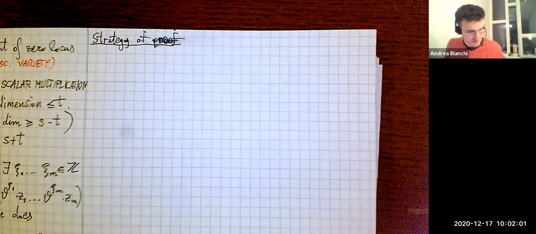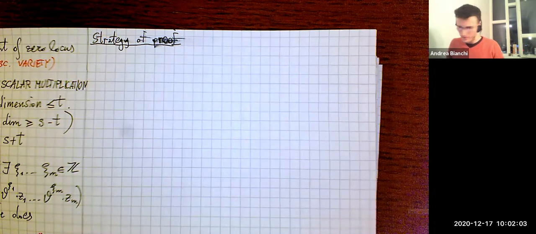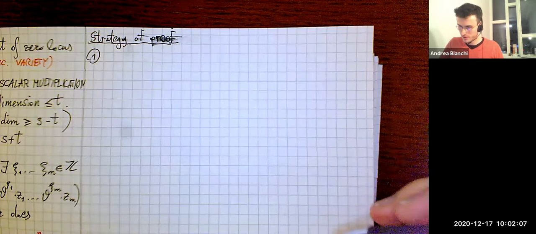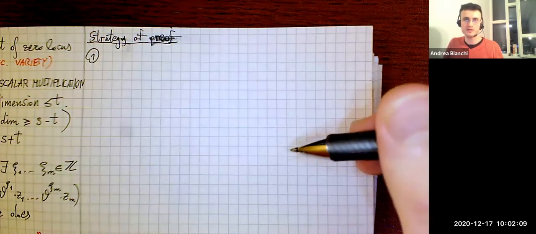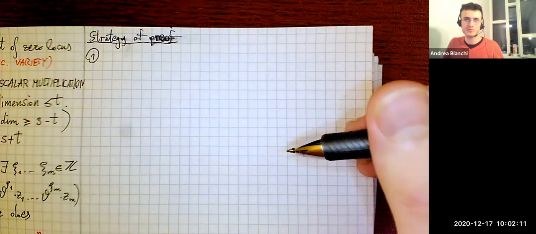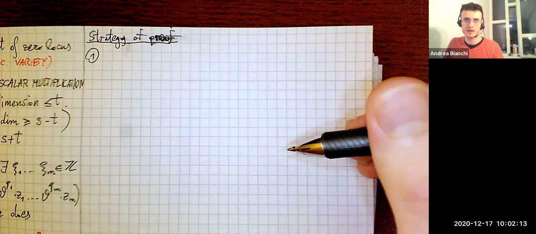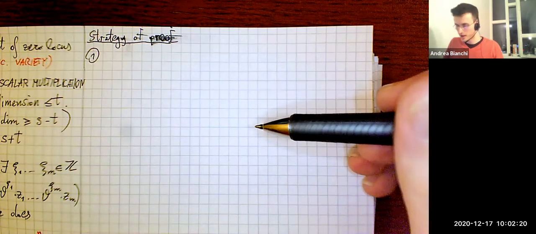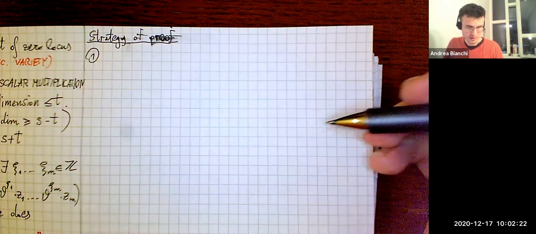Anyway, the first idea is that topological complexity is classically bounded above by the Lusternik-Schnirelmann category of X times X. And there is an equivariant analog of this.